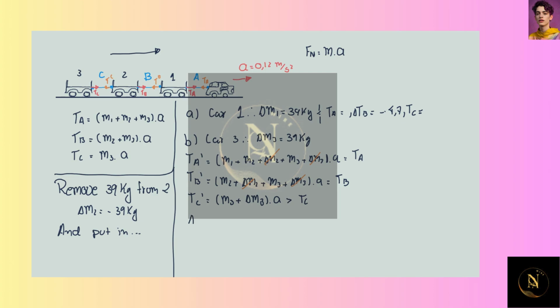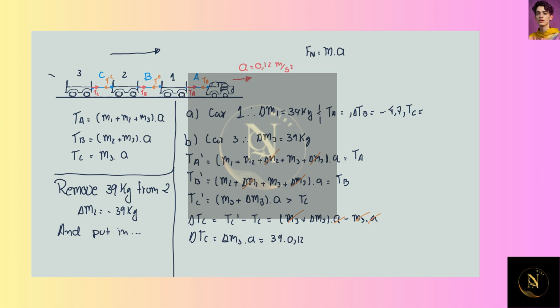We can then calculate the variation in tension C. This is TC prime minus TC, which is M3 plus delta M3 times A minus M3 times A. There is a cancellation between M3 times A and M3 times A, and we are left with delta TC being equal to delta M3 times A, which is 39 times 0.12.